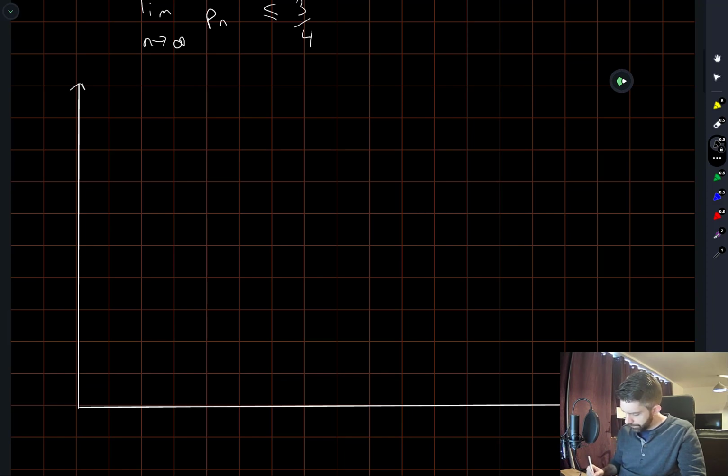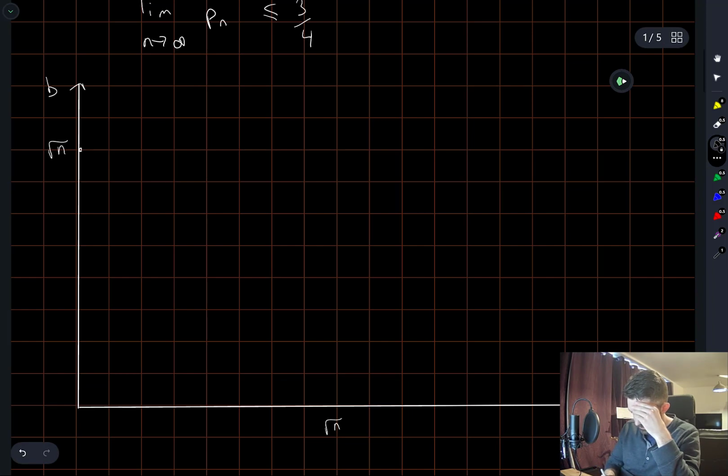So if I draw on the plane the equation represented by a squared plus b squared equals n, I of course get a circle of radius root n.